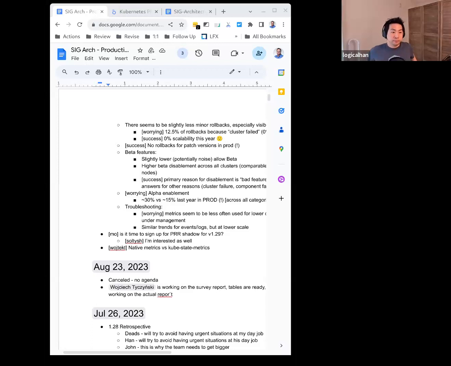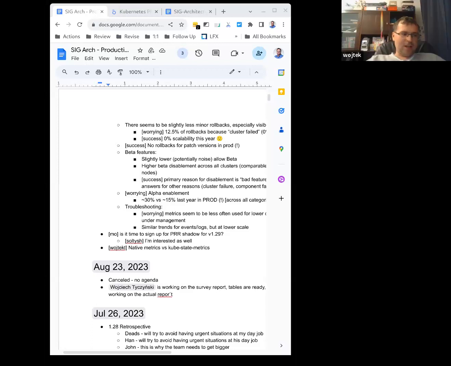My approach, just to quickly say, is that for those simple cases I'm generally okay with kube-state-metrics. The less trivial the feature is, the more inclined I am to require the native Kubernetes metrics. But it's a little hand-wavy where the bar is.